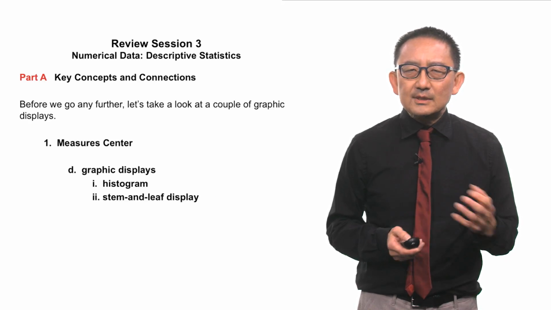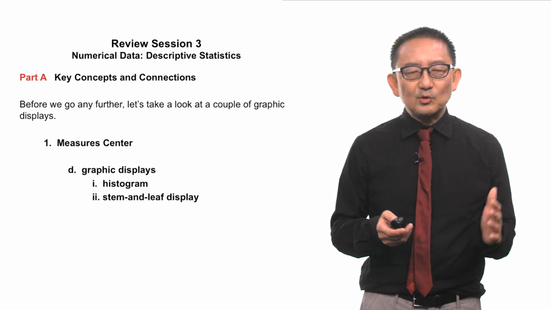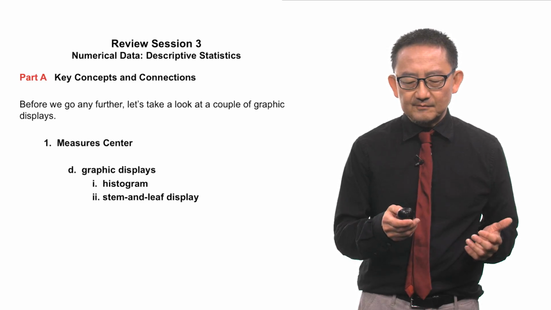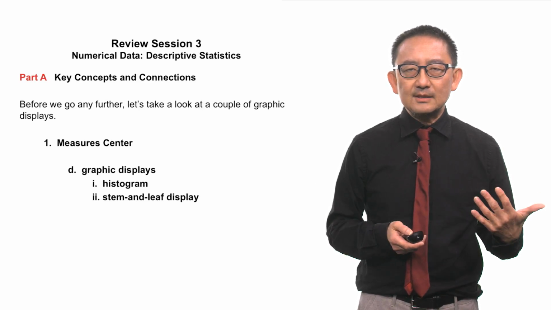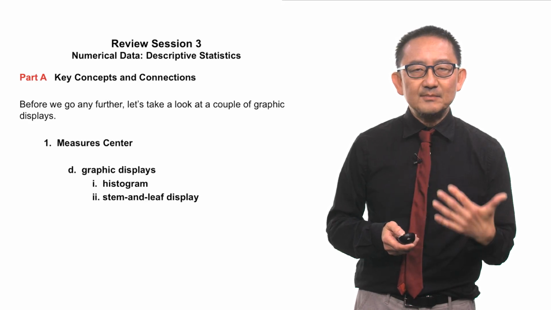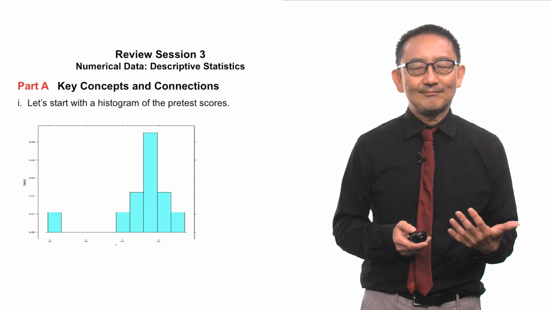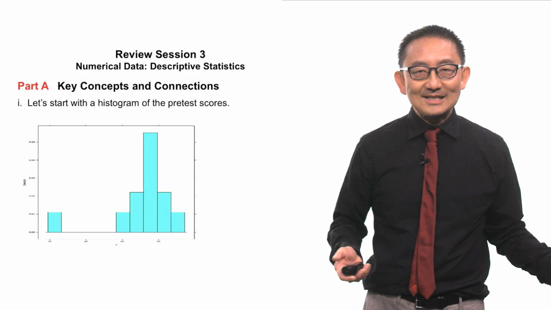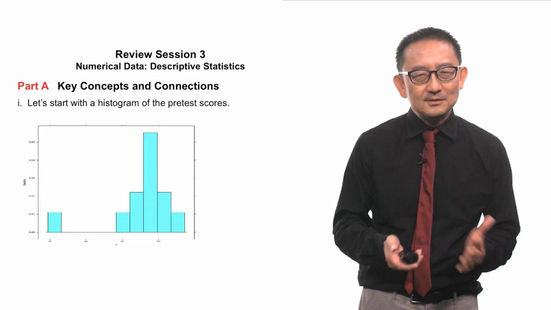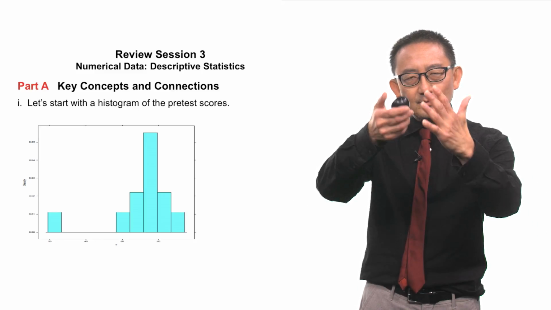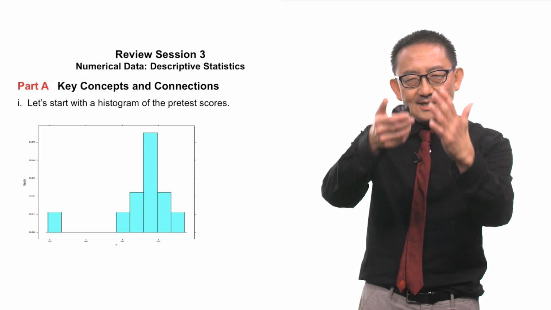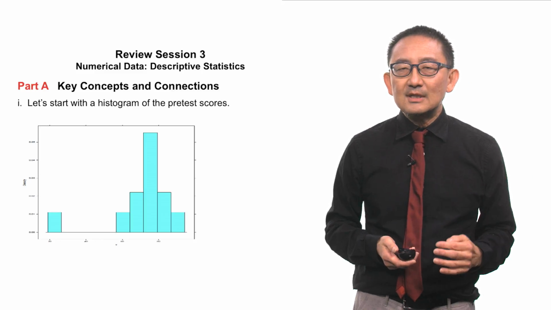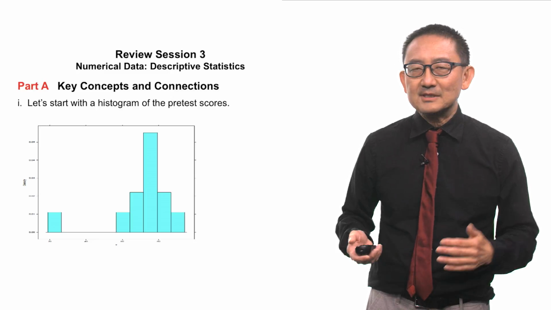So before we go any further, let's take a look at some graphic displays of measures of center. We'll look at the histogram and the stem and leaf display. Now here's a histogram. This pretty much sheds light on how the distribution is. Look to the right. That part of the distribution we would call symmetric, pretty impressively symmetric.